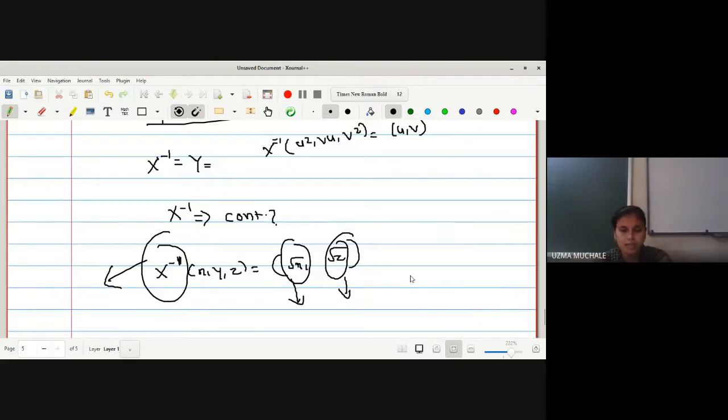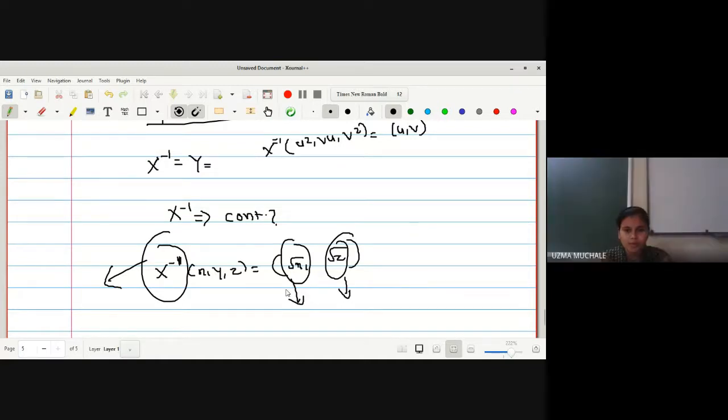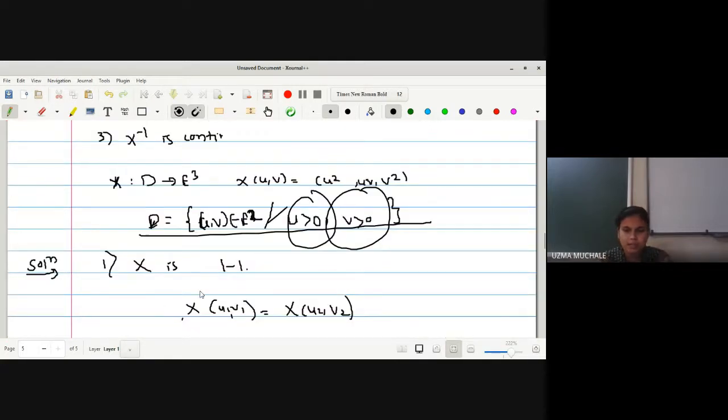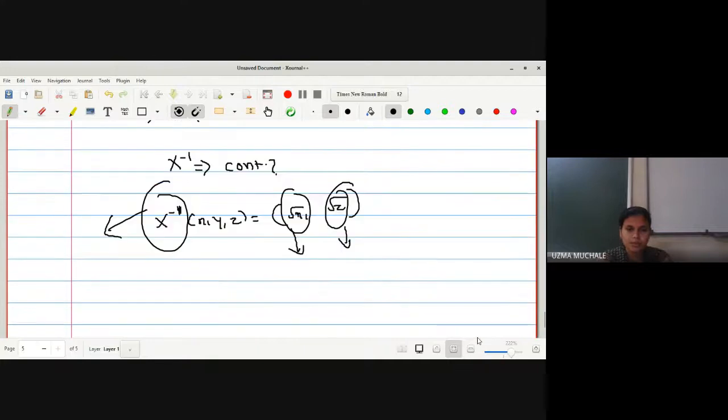Are root x and root z continuous functions? Yes, ma'am. No doubt we know that these are continuous functions, right? So directly we can say that the mapping x inverse is continuous only if your root x and root z are continuous. And we know that root x and root z are continuous. It ensures that your x inverse is also a continuous mapping.